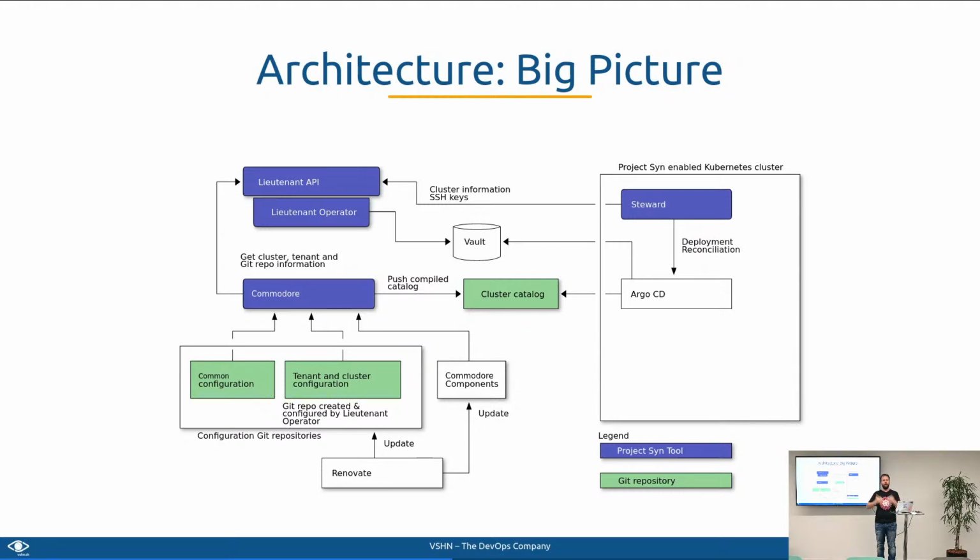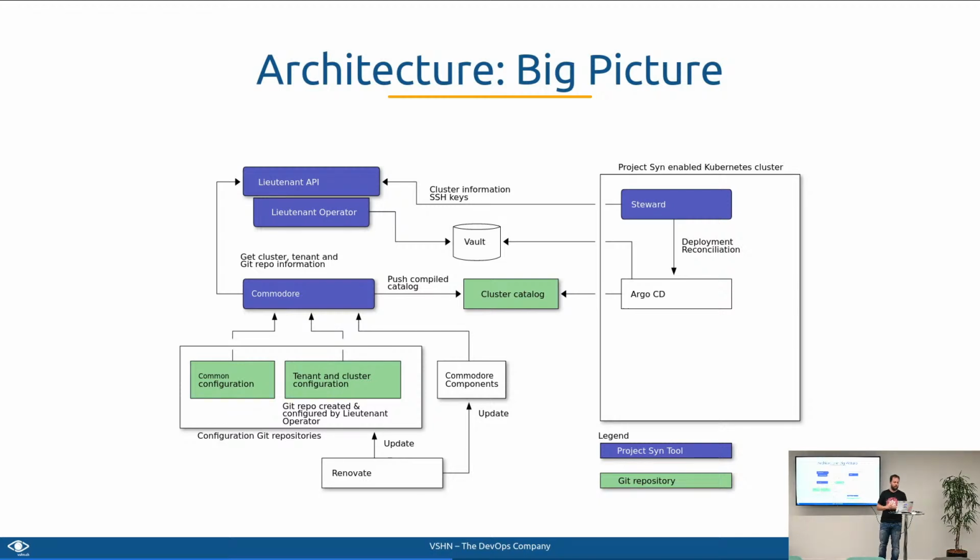So each Kubernetes cluster has its own Git repository storing all the YAML files which are actually generated for this particular Kubernetes cluster. On the cluster itself, we have Argo CD running. Argo CD will then fetch these YAML files and apply them to the cluster and make sure this configuration is available.